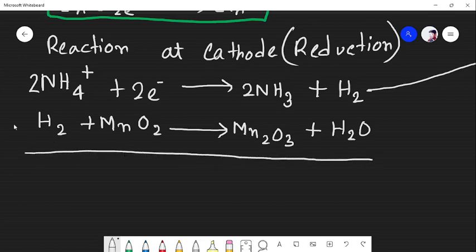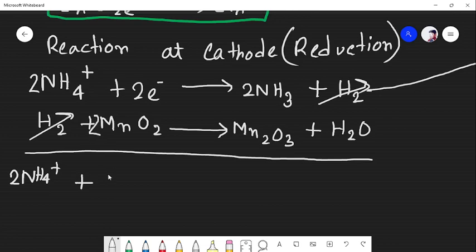The hydrogen on both sides cancels out, and only the ammonium remains.